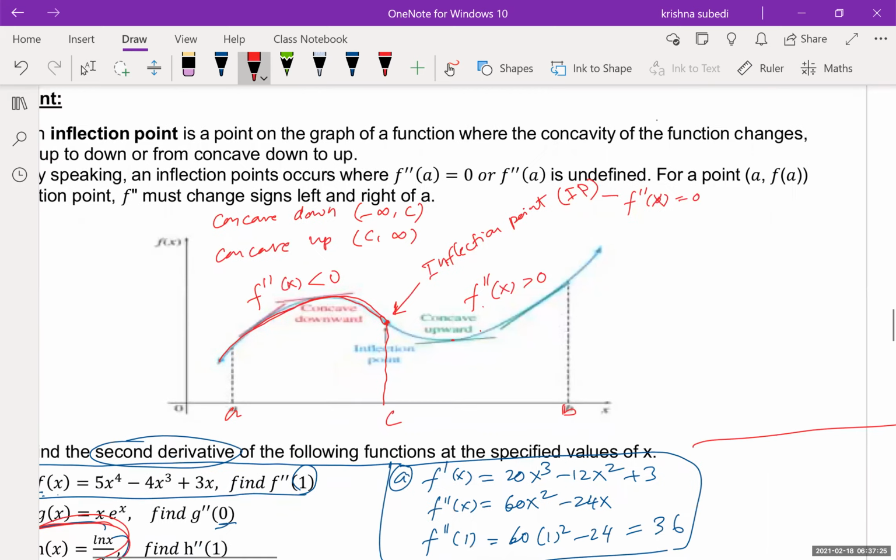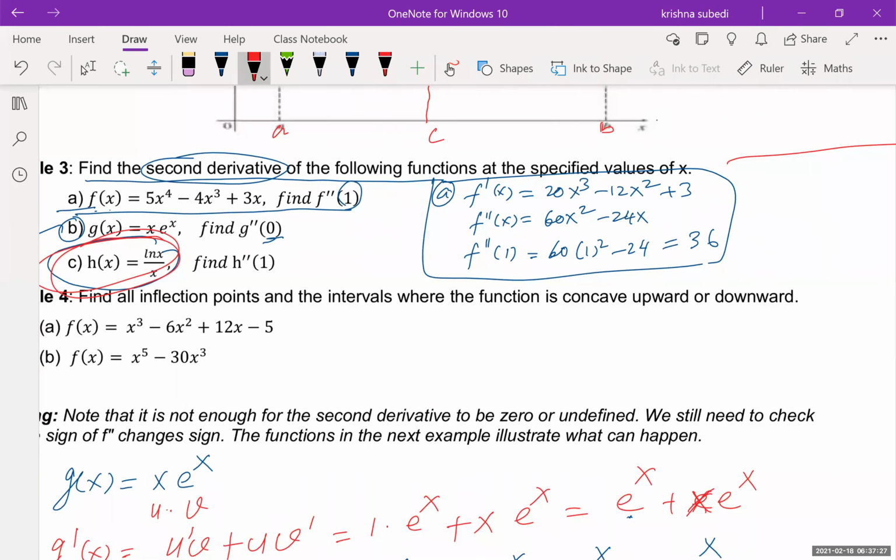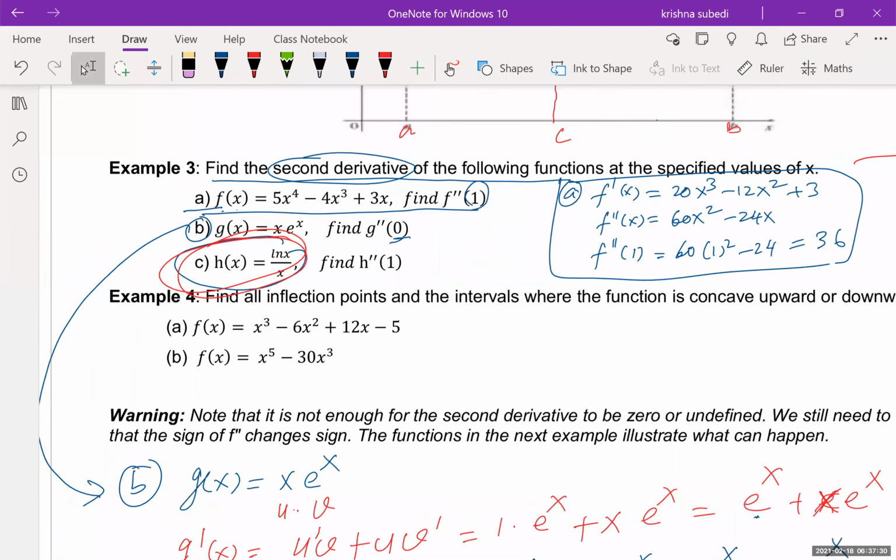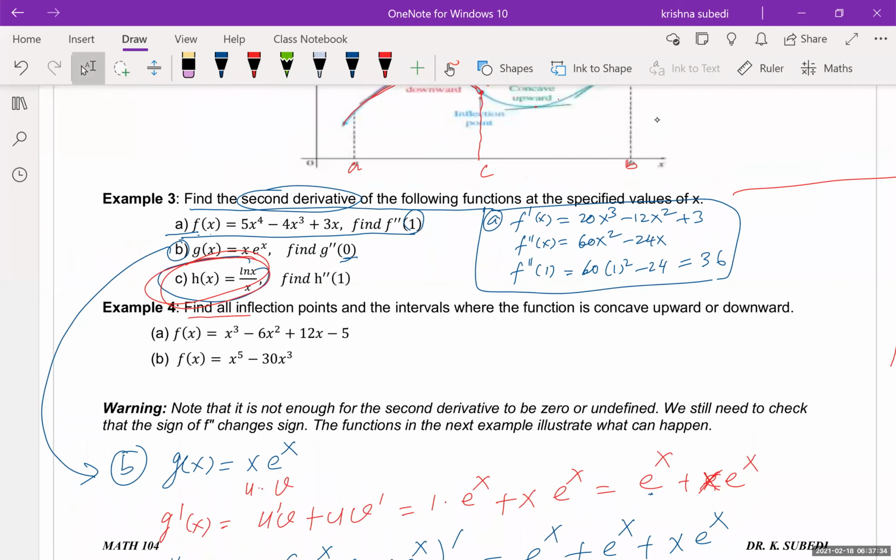So let's try example 4. In example 4, we need to find all inflection points and the intervals where the function is concave upward or concave downward.